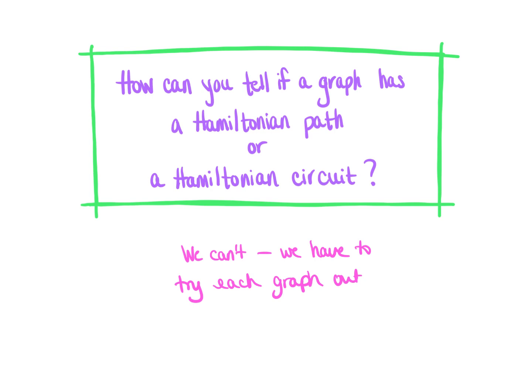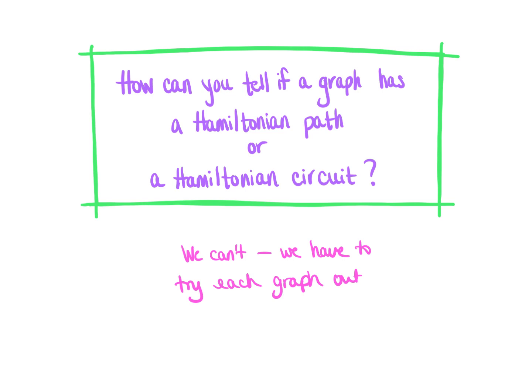There is no way to show, like with an Euler path or an Euler circuit, using the number of degrees, whether or not there's an Euler path or circuit. But with Hamiltonian paths, there is no set method that says, absolutely, this one's going to work. The only way to find one is to work at it, to practice, to see what happens.